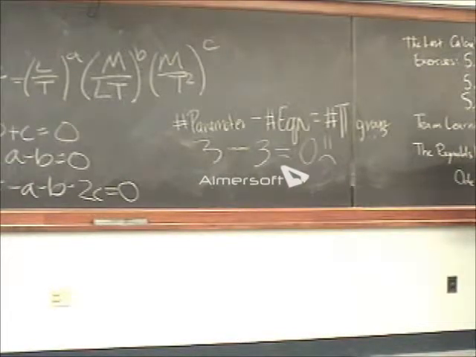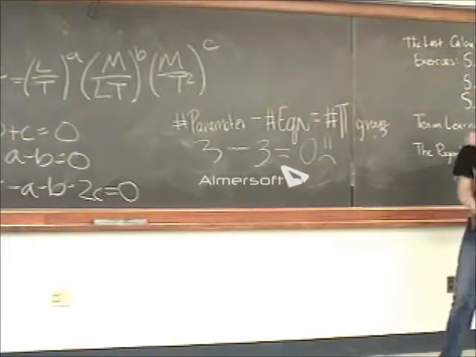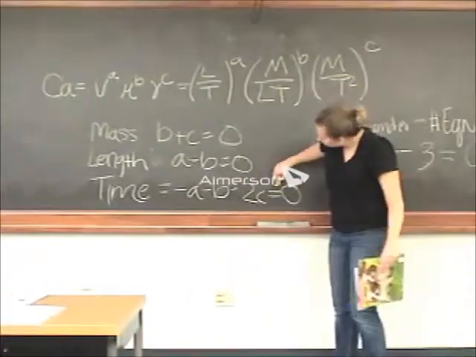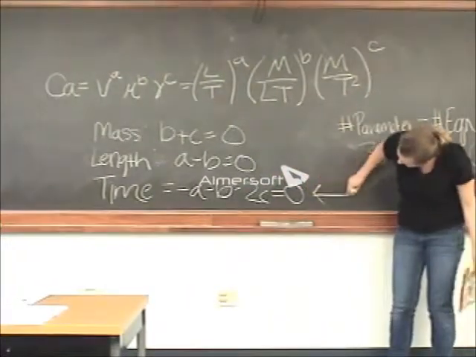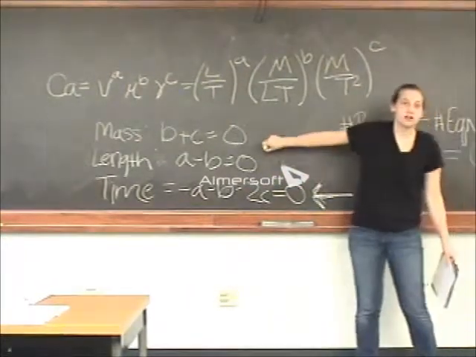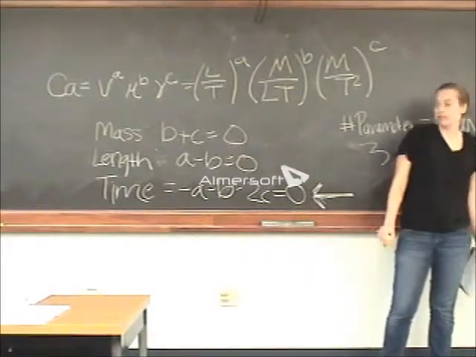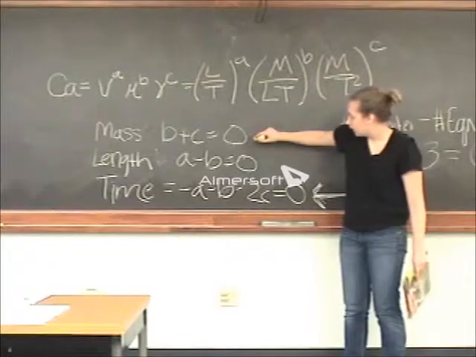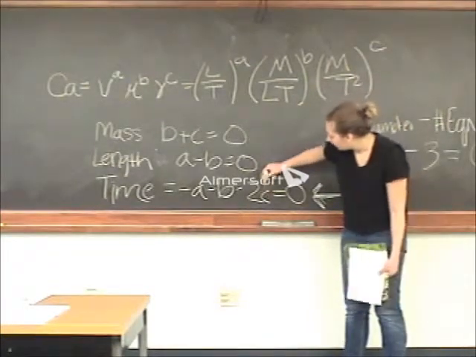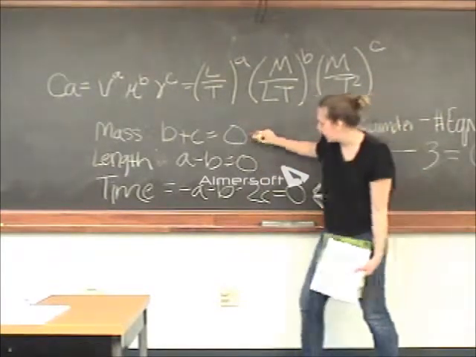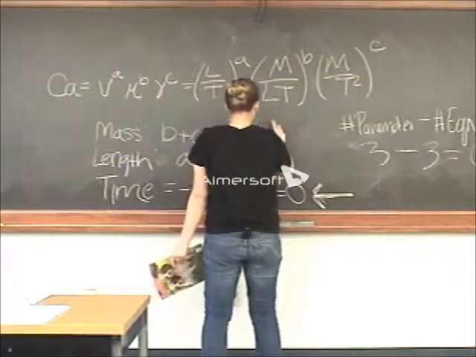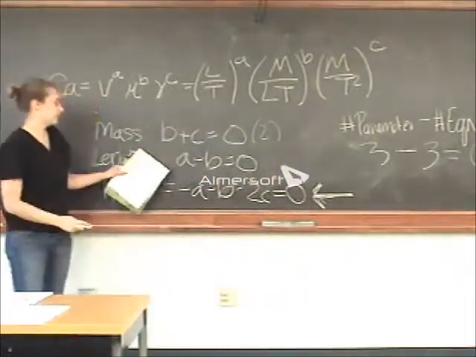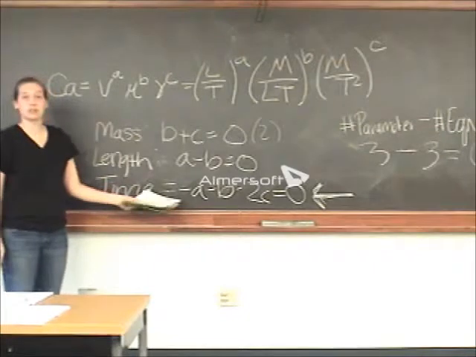Yeah, Megan? Is it because you only need 2 equations to solve it? That is correct, because this equation here is a combination of these 2 equations, right? Basically, if I have this equation and I take it times 2, and then I subtract it from this equation, I'm going to get this one, right?